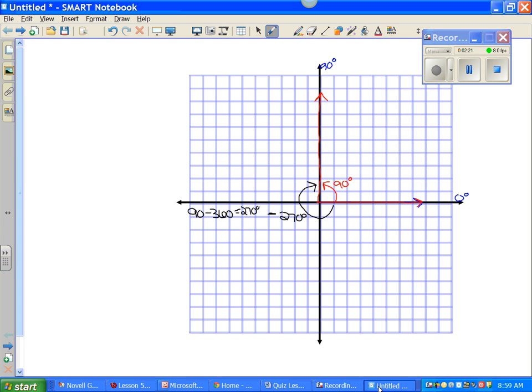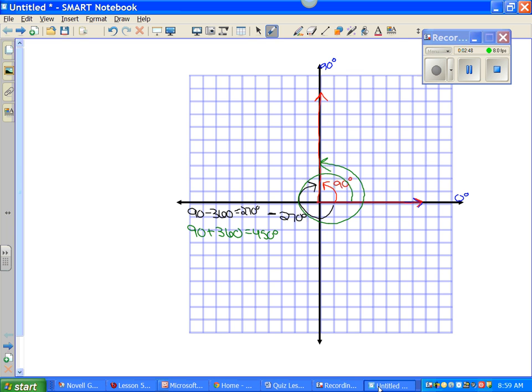I could subtract 360. What if I wanted a positive coterminal angle? What could I do? I could add 360. Good. So for another coterminal angle, I could start here, go around once, and then again, and stop at my terminal. So that one would be 90 plus 360, which would be 450. Both are coterminal angles.